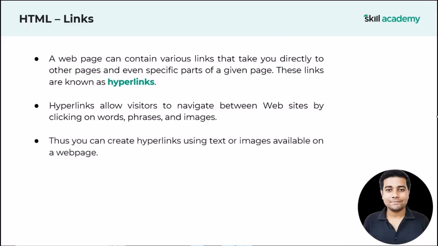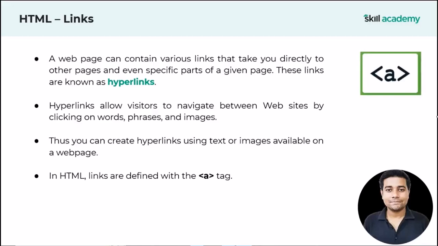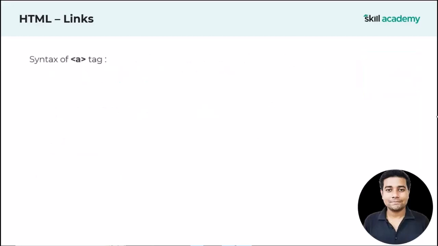That means you can redirect your user if they click on some word, and we can even use the concept of hyperlink over images. Thus, you can create hyperlinks using text or images available on a web page. And guys, in HTML, links are defined with the anchor tag. So you are going to use this a tag in order to define links in an HTML page.